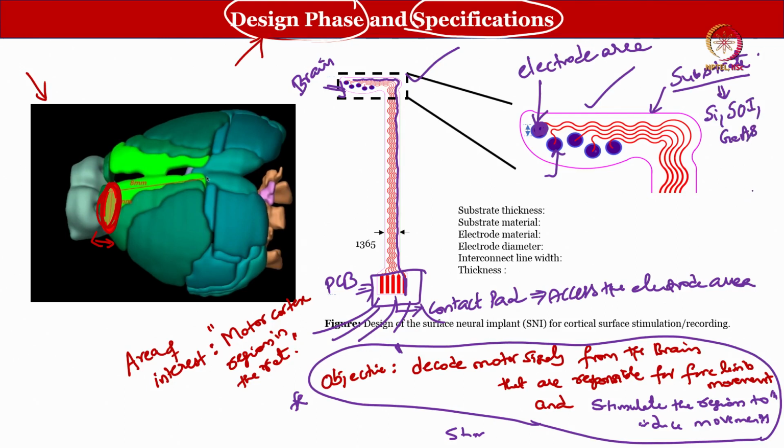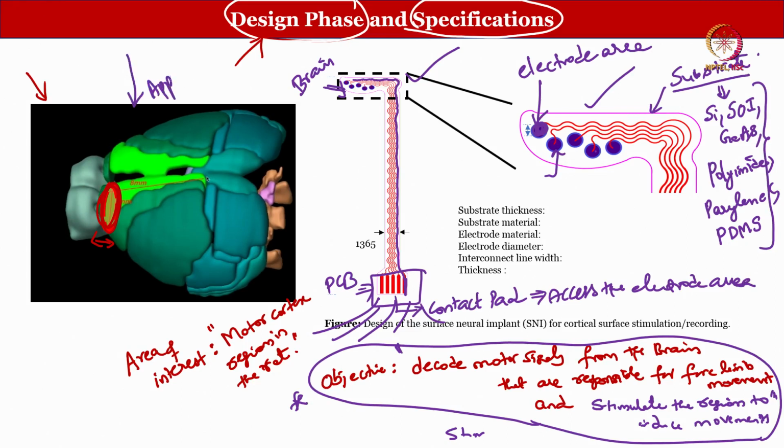Along with that, there is a substrate called polyimide, and also a substrate called parylene C. Then there is a substrate called PDMS. Now, out of these, which substrate to fix depends on where you are using it, the application.